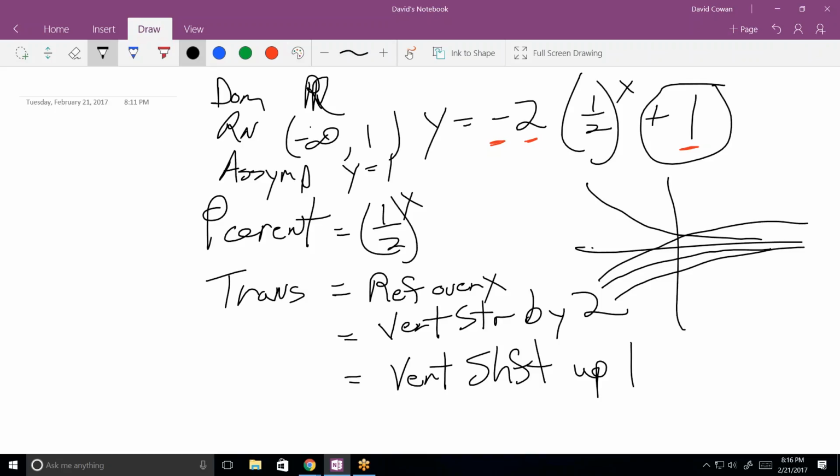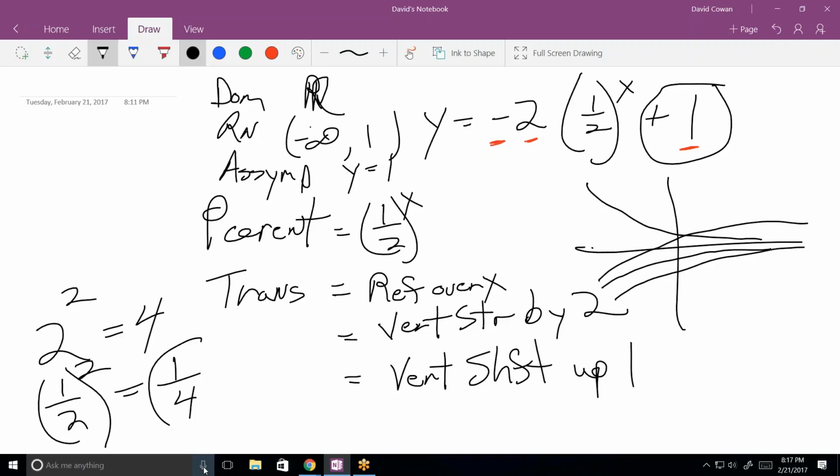Except how is it 1? As x goes to infinity, this illustrates something which a lot of people aren't really familiar with. If I square a number greater than 1, I get a bigger number, right? But if I square a number less than 1, I get a smaller number.